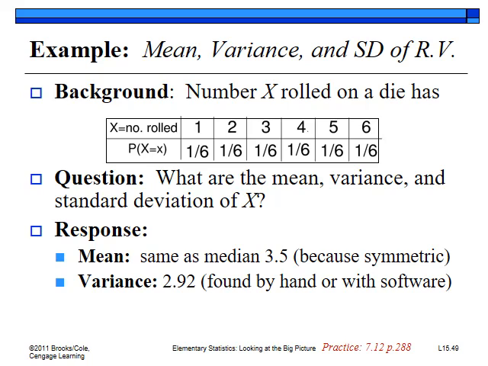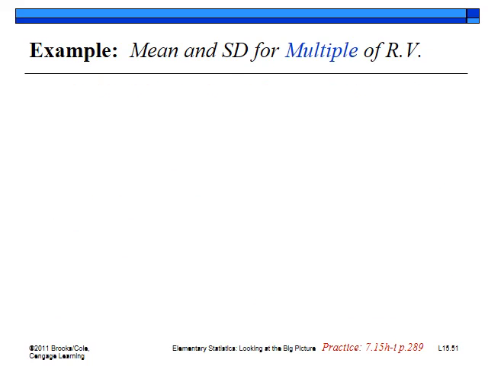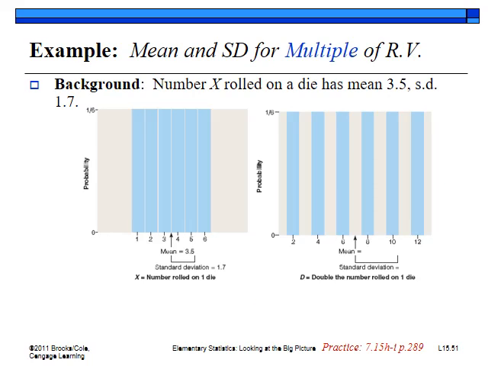Since the variance is 2.92, we can find the standard deviation by taking the square root, and we get something around 1.7. So here is the histogram on the left for our random variable x.